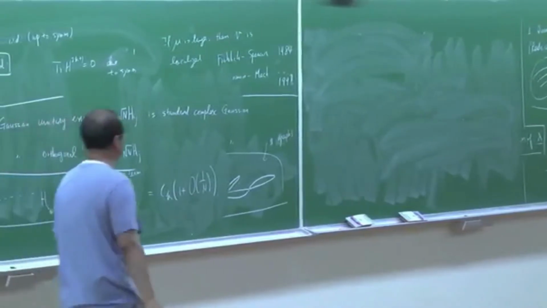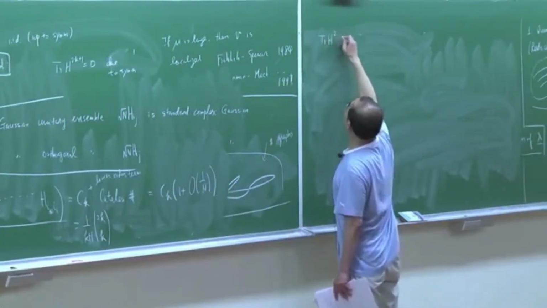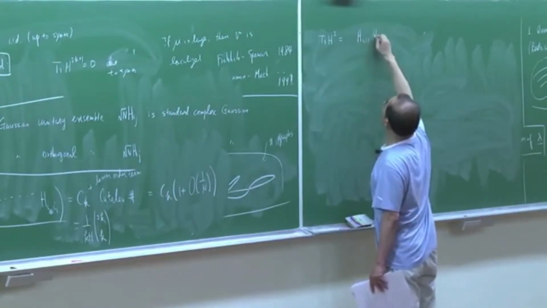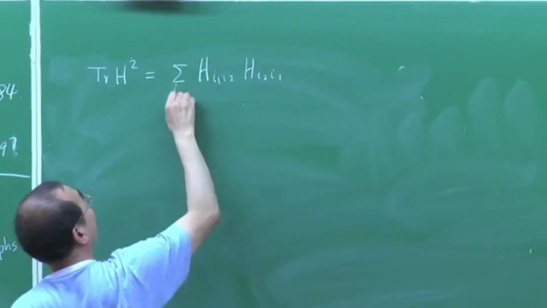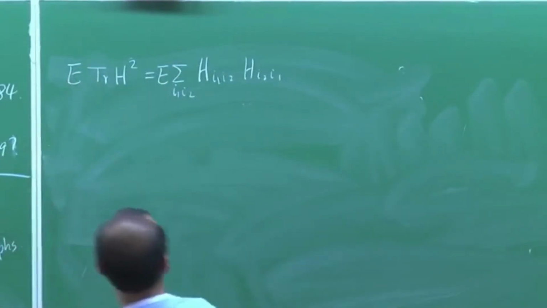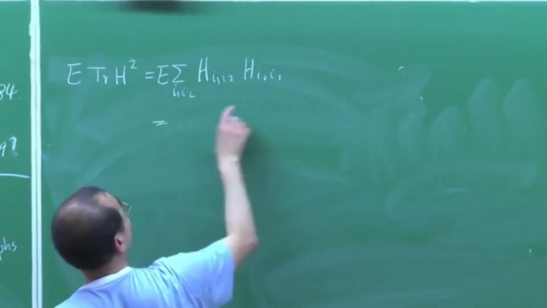I explain this because if you just compute the trace of H squared, this is h_{i1 i2} h_{i2 i1}, the summation over i1, i2 of the expectation. So the only possibility is this.